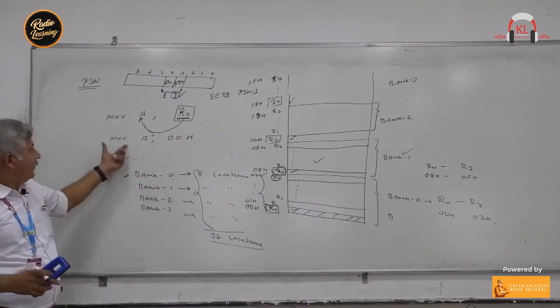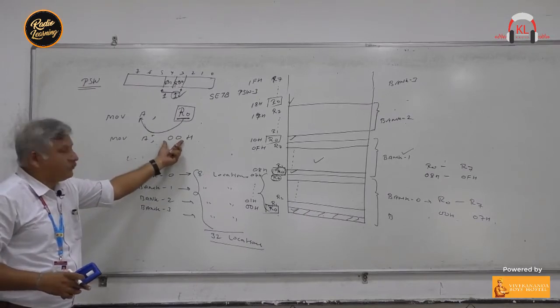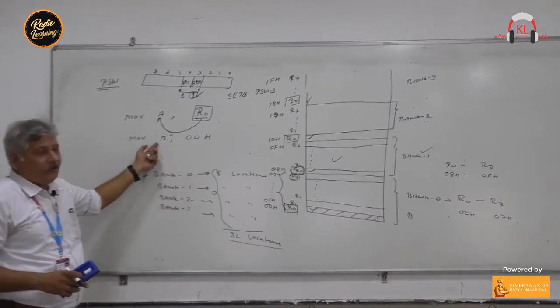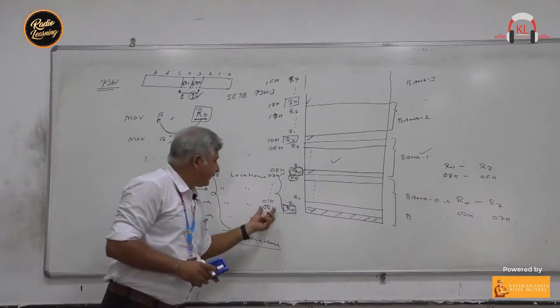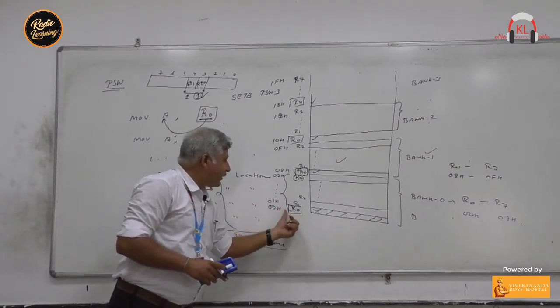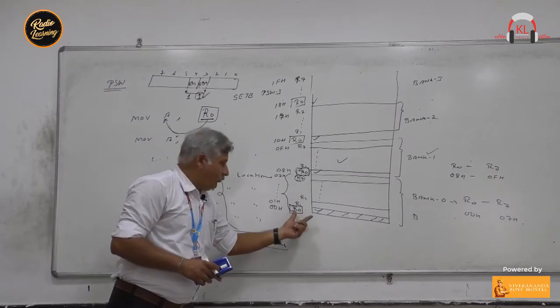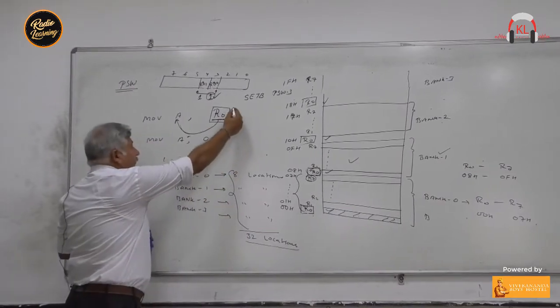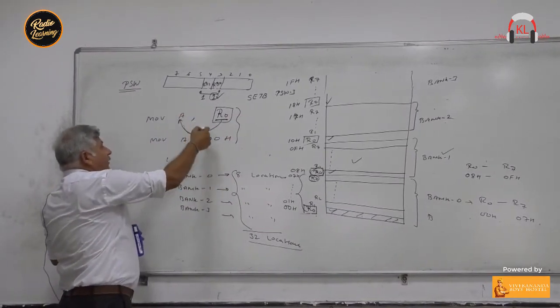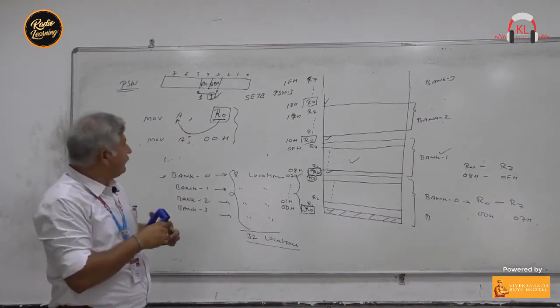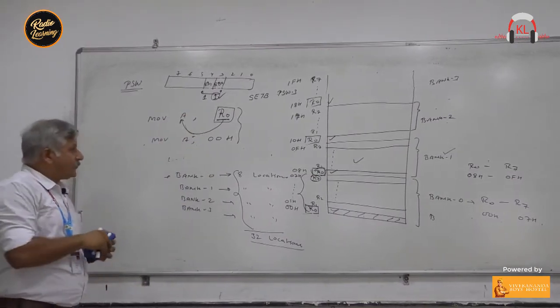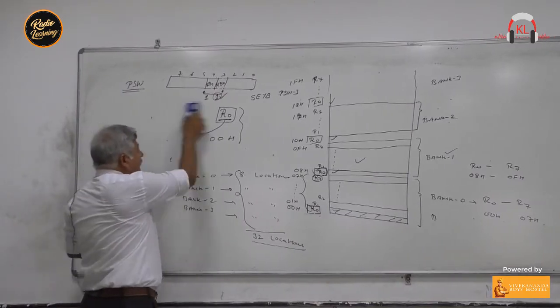Now what will happen? Data from address 00H will be moved into A. What is the 00H address? The 00H address is the address of the R0 register. So in this case and in the second case, both instructions are performing the same operation, right? So this is about the register banks.